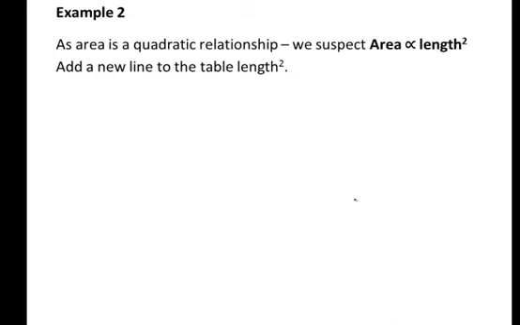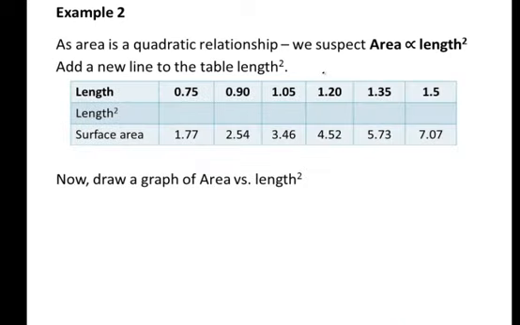So as area is a quadratic relationship, we suspect area is proportional to length squared. We add a new line to the table of length squared. And now we're squaring each of these values.